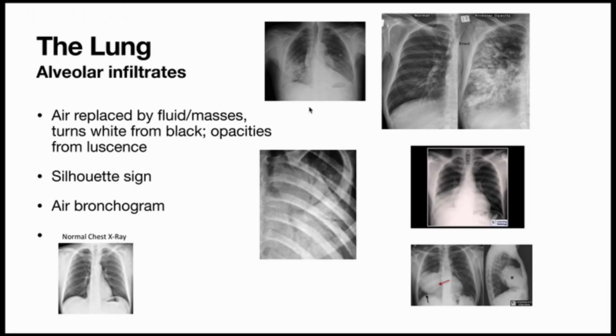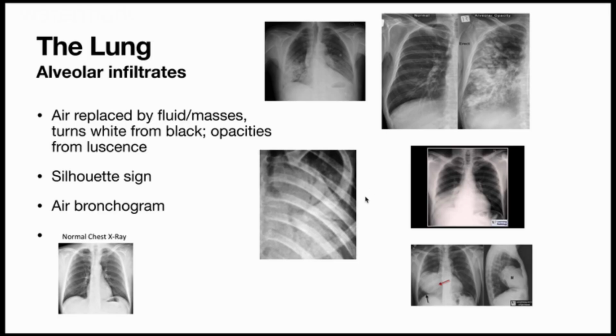Back to the alveolar infiltration, just like I was saying, the air is replaced with either fluid or masses, and then the place becomes white, opaque. So then we describe the opacities. Now, the distribution of these opacities again narrows down the possible causative organisms, as we shall see.